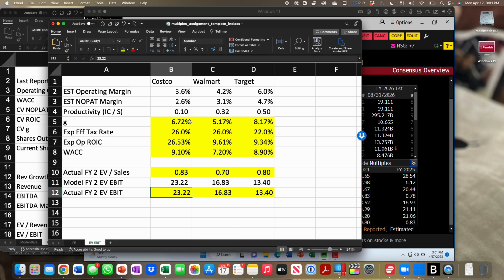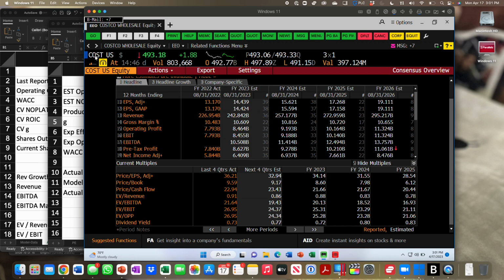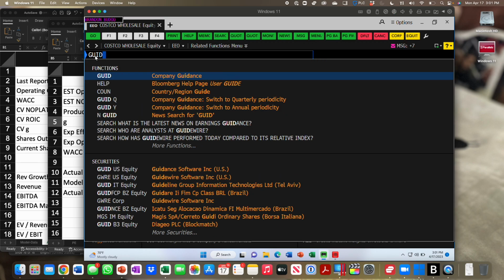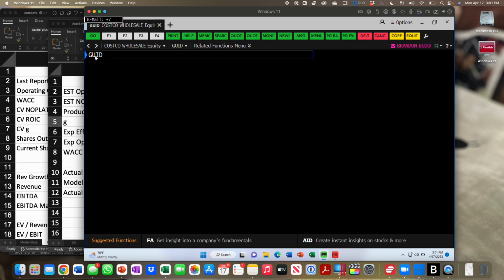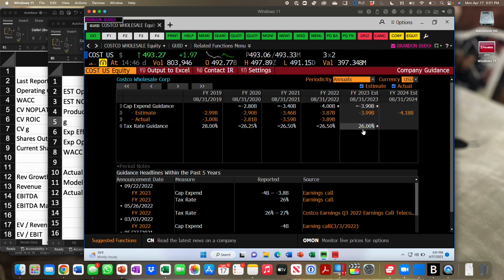Okay? So we don't have a G. This would be blank. We then need a tax rate and we need an ROIC. Okay? For tax rate, same process as DCF. I go to guidance, GUID. Costco has given tax rate guidance 26%.